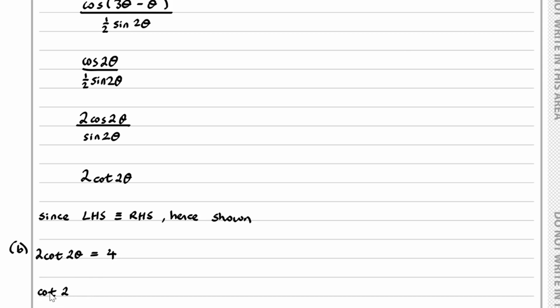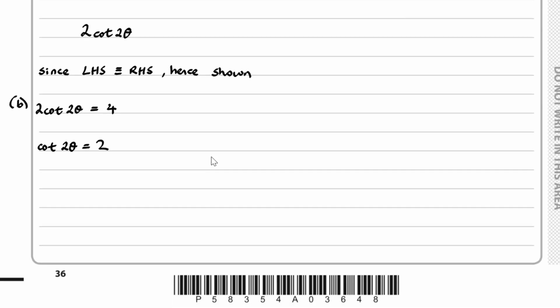Cot 2 theta is equal to 2, and therefore cot 2 theta, which is the same as 1 over tan 2 theta, is equal to 2, and therefore tan 2 theta is equal to 1/2.